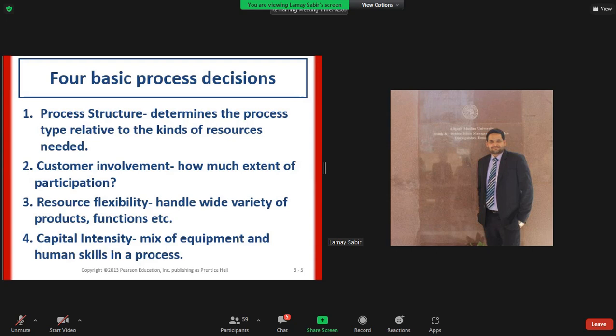So let me give you this example. If you go to a restaurant, you may face a set of standard dishes, and based on those standard dishes, you have to order from them.